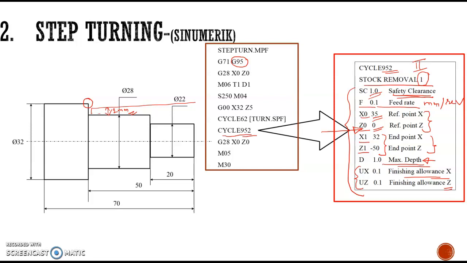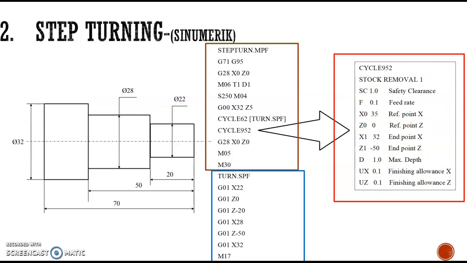That means in this cycle, the final operation will be performed as a finishing operation. All other operations are done with a rough cut, and the final operation will have a finish cut. So the material remaining for the finishing operation will be 0.1 mm, in both the z-axis and x-axis.